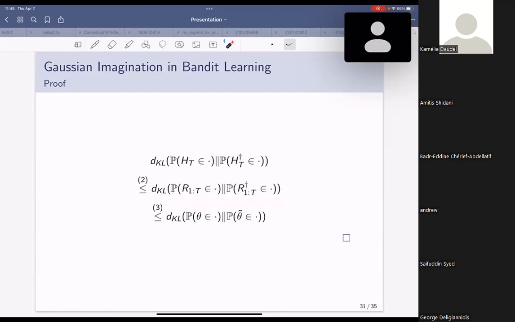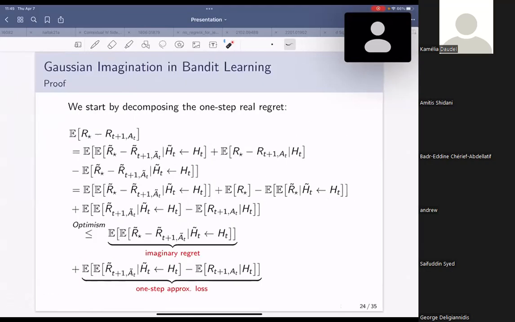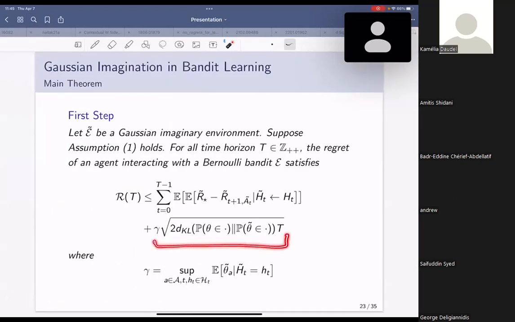And now again, by using the data processing inequality and knowing that both of these rewards are coming from Bernoulli distributions, one with parameter theta and one with parameter theta tilde, we can upper bound it by the KL divergence between theta and theta tilde, which basically gives us this bound here. And then we are done. So the first step is complete.